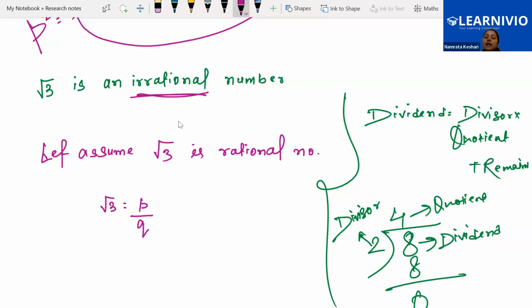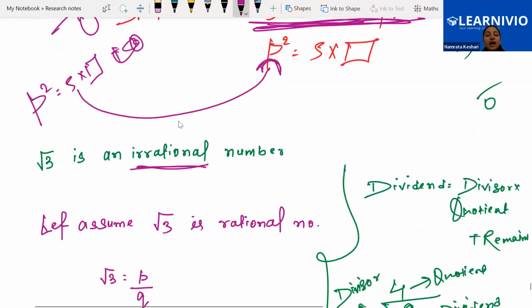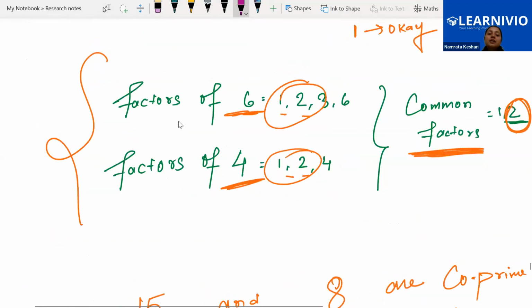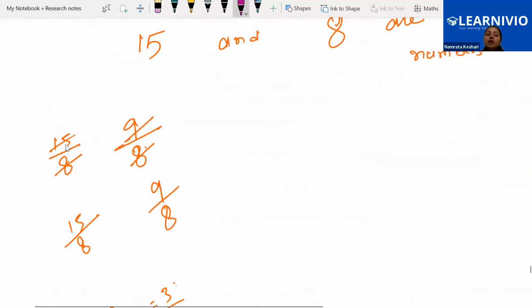Now here we are going to assume that p and q are co-prime numbers. We started our class with a discussion of co-prime numbers, and we discussed that if two numbers are co-prime, like 15 and 8, then we cannot do the cancellation.